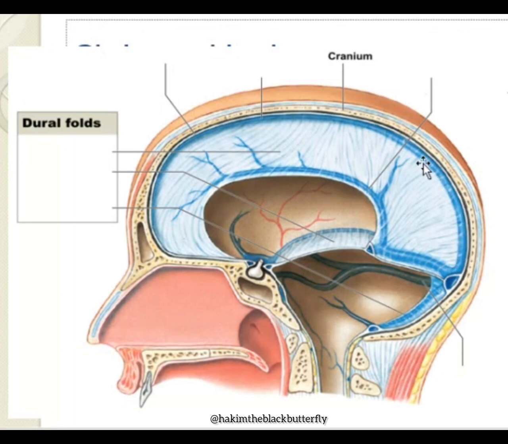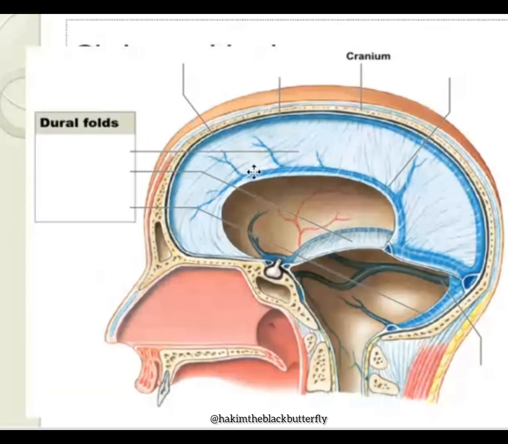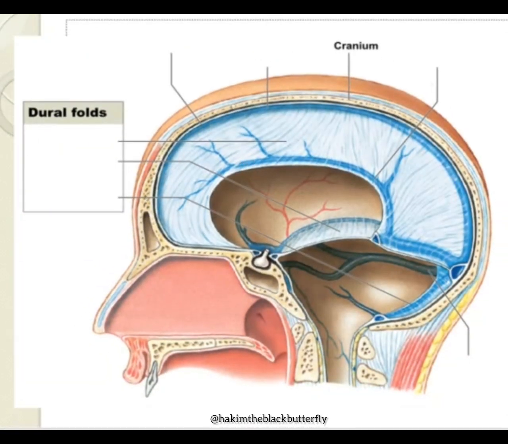On the inferior edge of the Falx cerebri, you have another sinus known as the inferior sagittal sinus. And at the junction of the Falx cerebri and the Tentorium cerebelli, we have another one which is known as the straight sinus.